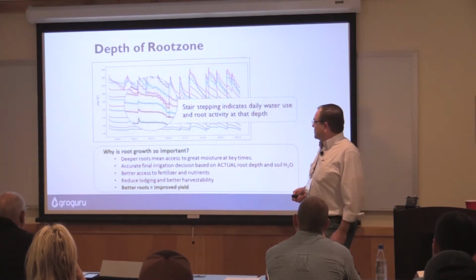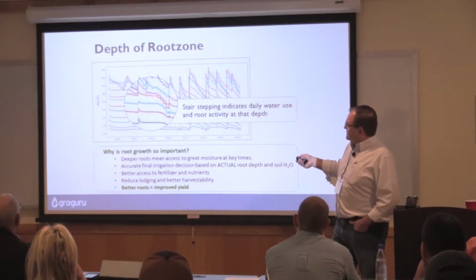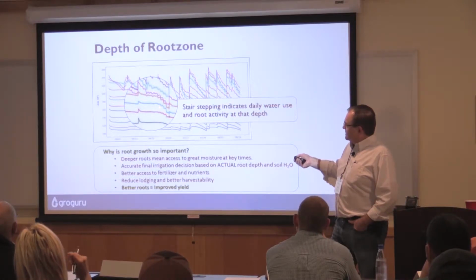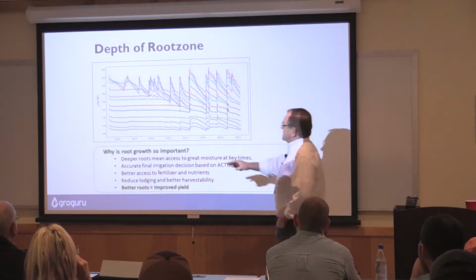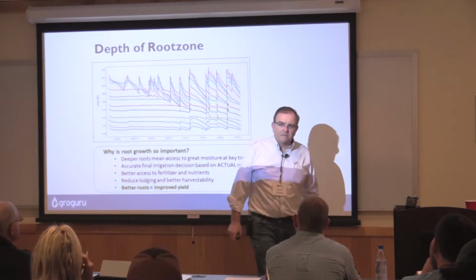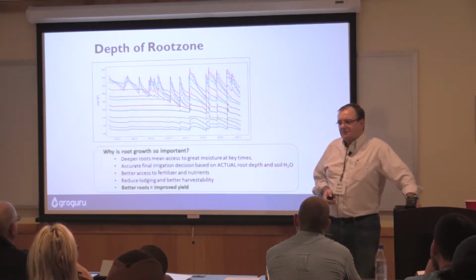If we look at that closely, you can see that the one above it is stepping at 20 inches. Then a few days later, or almost the next day, the one below it, at 24 inches, starts to step, and then the one below that at 28 inches starts to step. So I can actually watch, if I back this up, and visualize where the roots are. And that's really important, because once I know where the roots are, then I know what I'm dealing with.